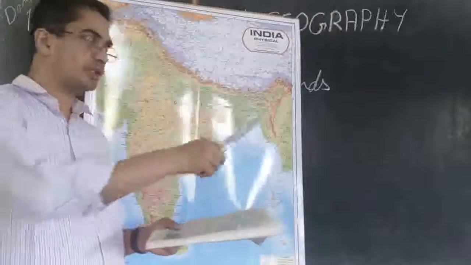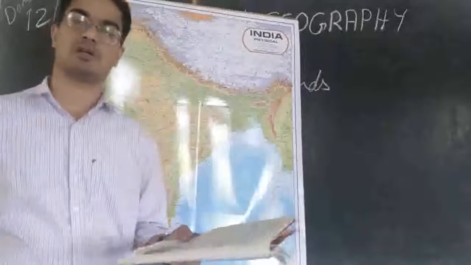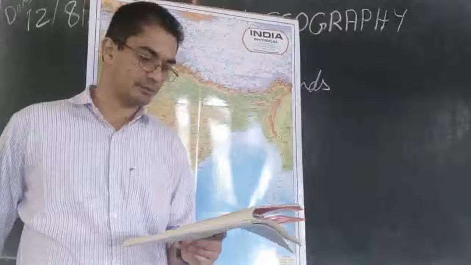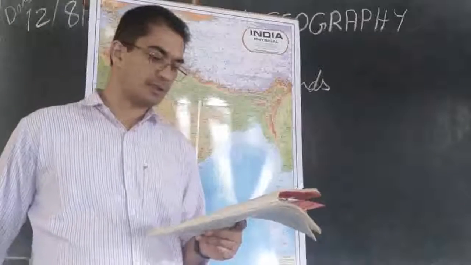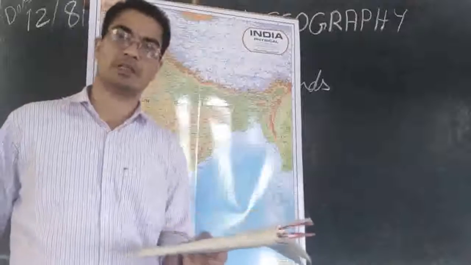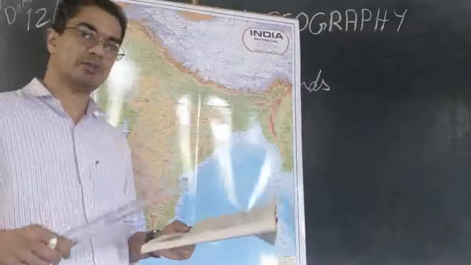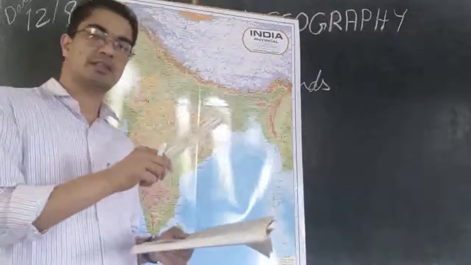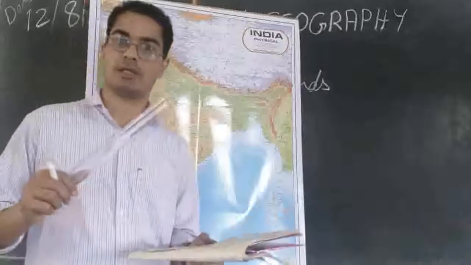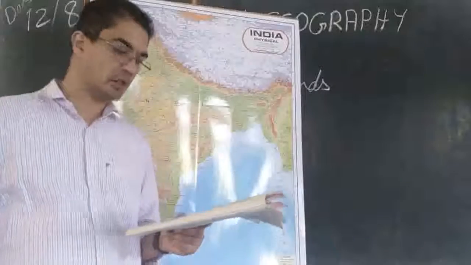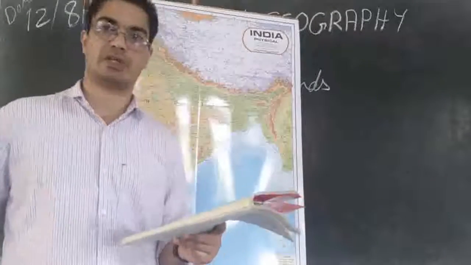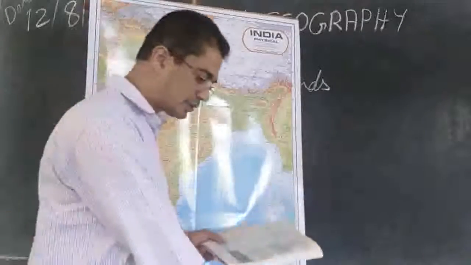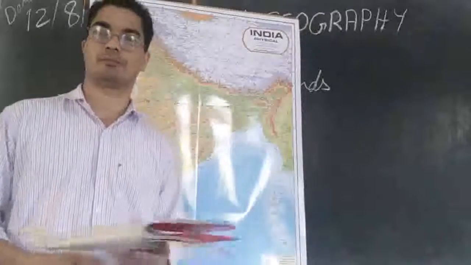So this wind is blowing in the region of subtropic climate, subtropic region, and they are known as subtropical westerly jet stream. So these jet streams that are flowing in this region of subtropical areas are known as subtropical westerly jet streams. So what is the meaning of this name?